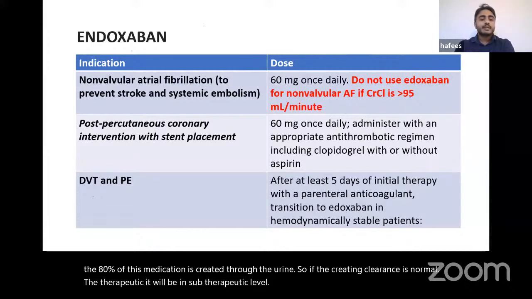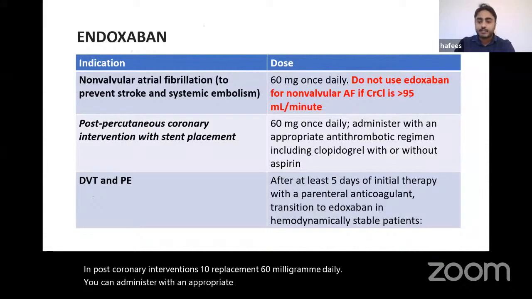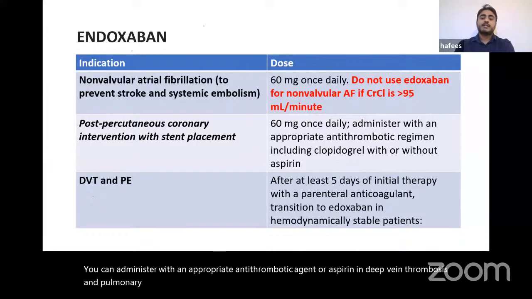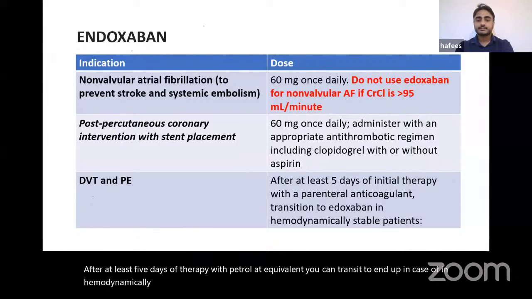In post-percutaneous coronary intervention, stent replacement, 60 milligram daily. You can administer with an appropriate antithrombotic agent, clopidogrel or aspirin. In deep vein thrombosis and pulmonary embolism, after at least 5 days of initial therapy with parenteral anticoagulant, you can transition to edoxaban in case of a hemodynamically stable patient.